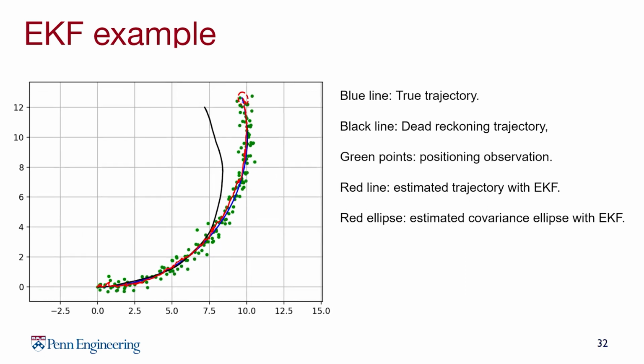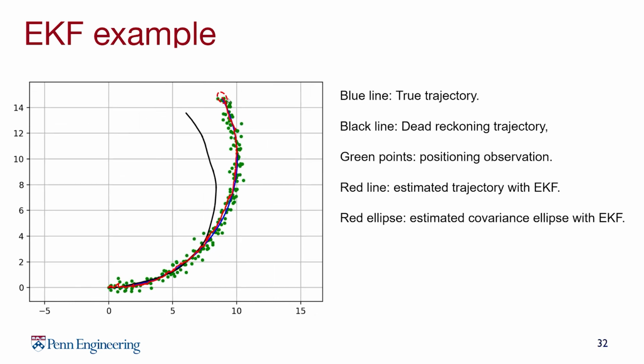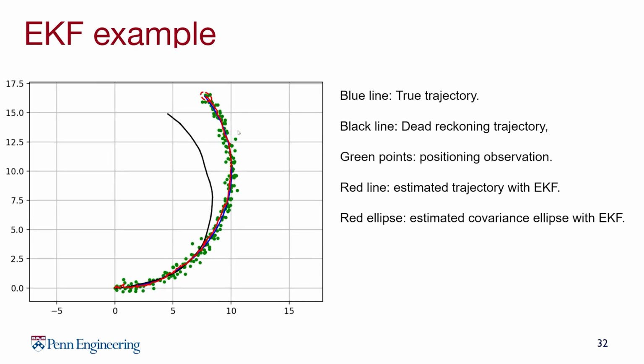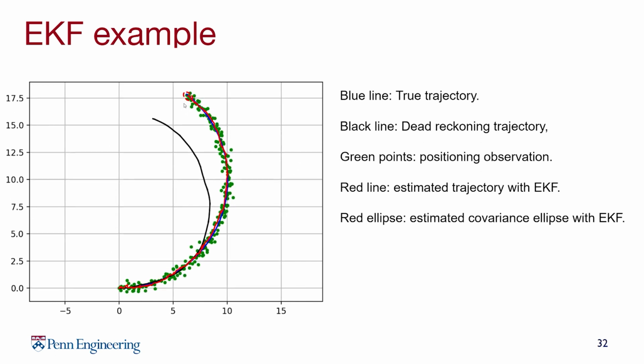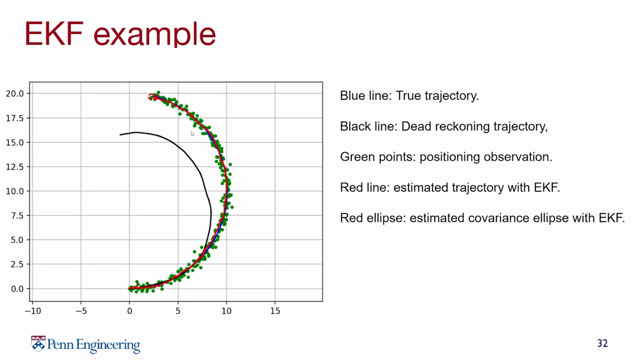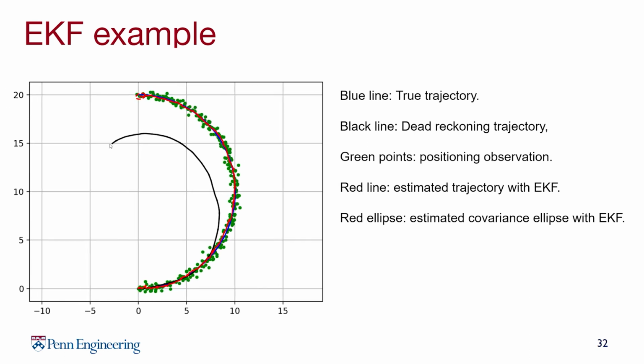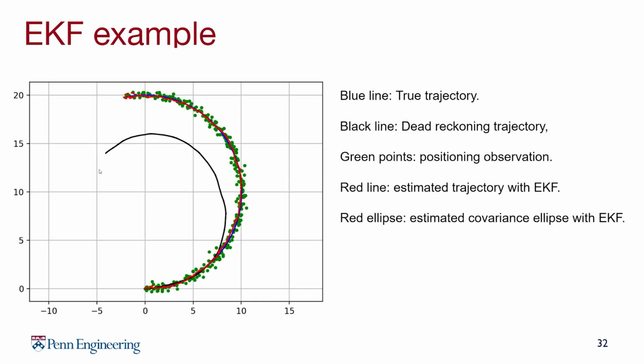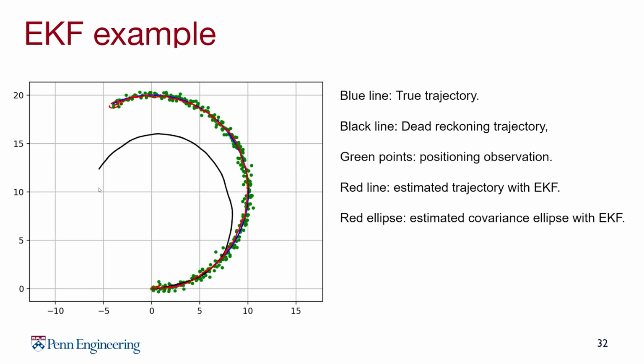But as time steps on, the estimation becomes more and more accurate, and the covariance of the EKF is decreasing. We can also see from the dead reckoning trajectory that the error is accumulated.